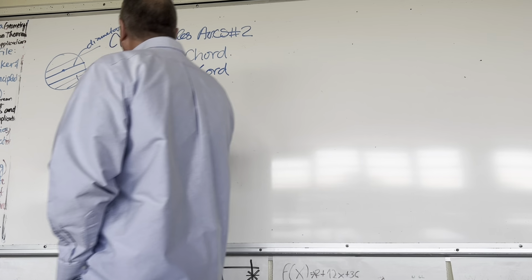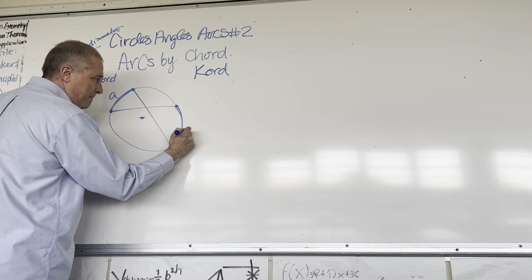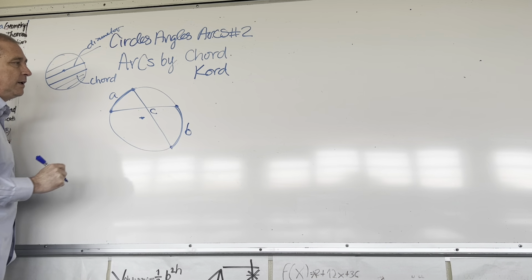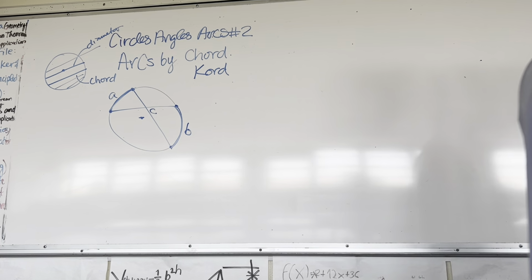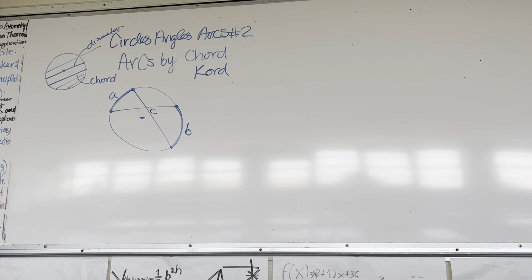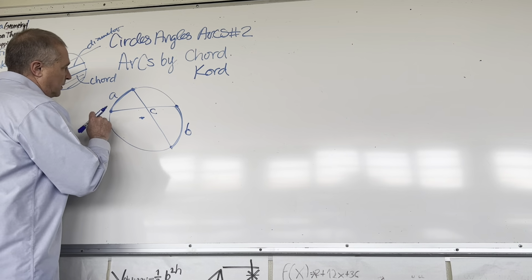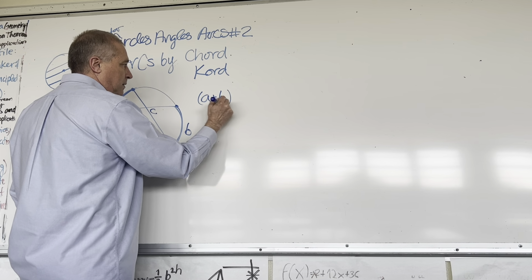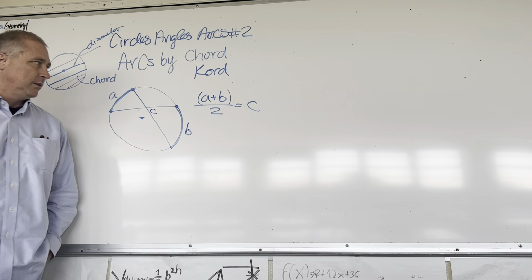They say this is arc A, this is arc B, and the interior angle here they call C. That's the measure from here to here, the rotation, the angle. And they label the center of the circle, and they give us a formula. These angles are related like this: A plus B divided by 2 equals C.